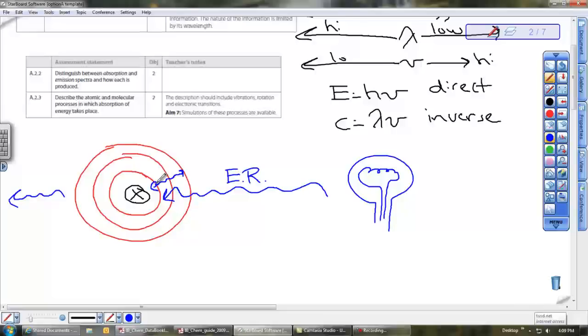In some cases, as I was alluding to, this electron would absorb the radiation, and that electron would then release that stored energy. It could either fall all the way back to its original location, or of course it could do it in steps. There are so many atoms in the sample that all possibilities would occur. Each time it fell back down, it would be releasing photons of particular wavelengths.